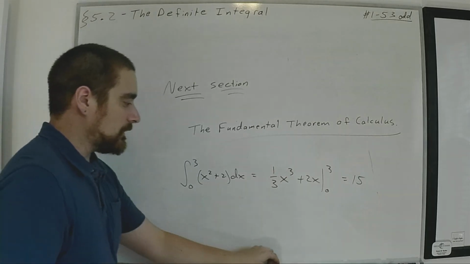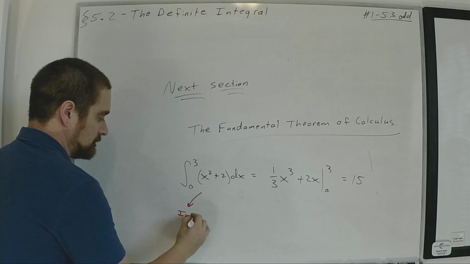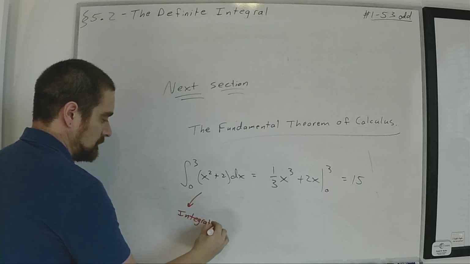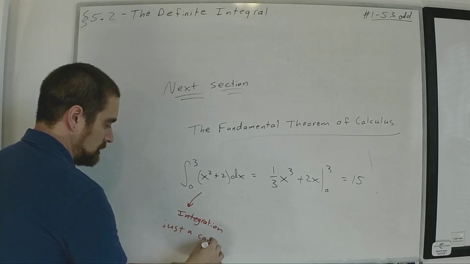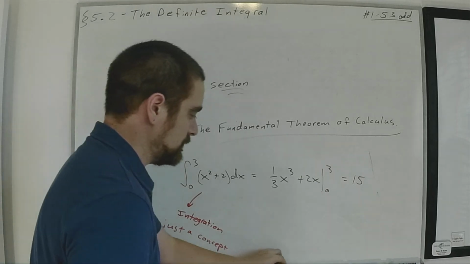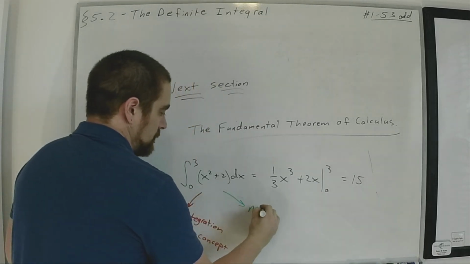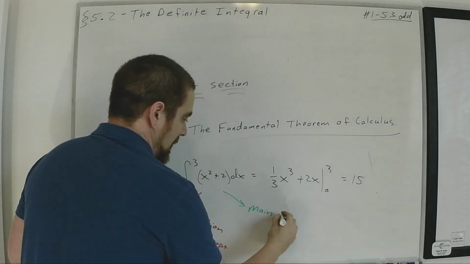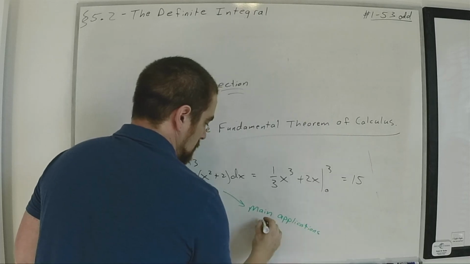Now, there are things that we're going to do that involve what is just known as strictly integration, which is just a mathematical concept that can be applied to all different aspects depending on what you do. But one of the main things that we'll do, one of the main applications, is area.